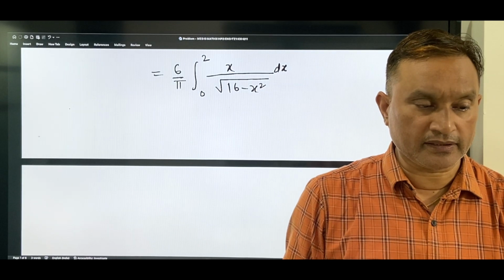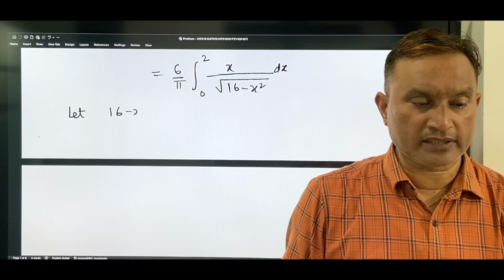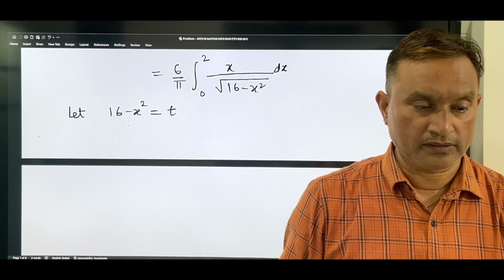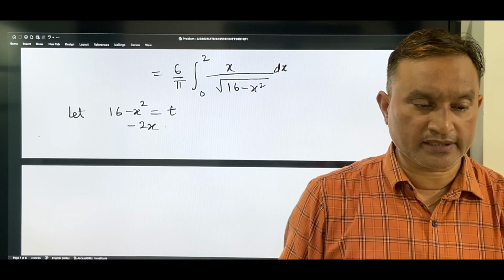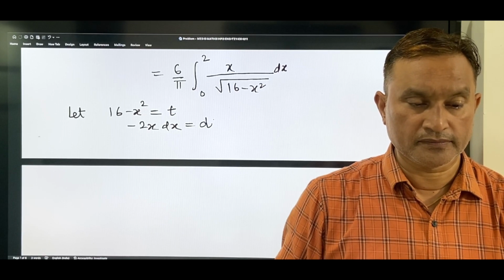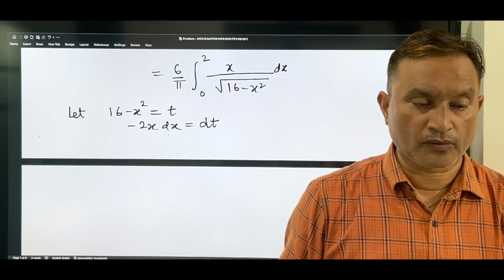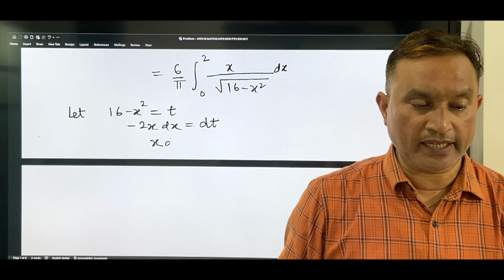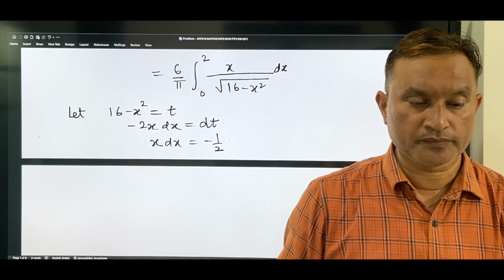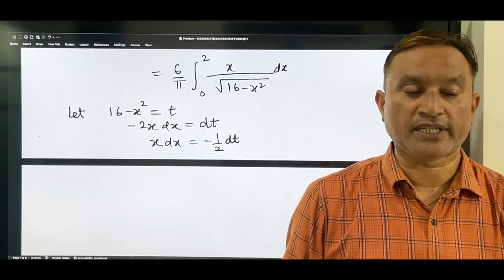So we will write here, let 16 minus x square equals t, minus 2x dx equals dt. So we can write x dx equals minus 1 upon 2 dt. We will also change the limits.